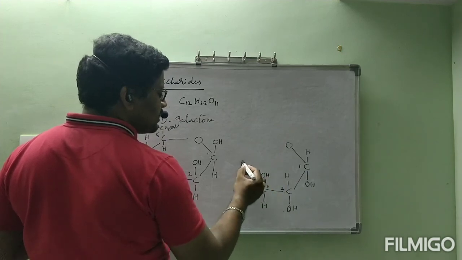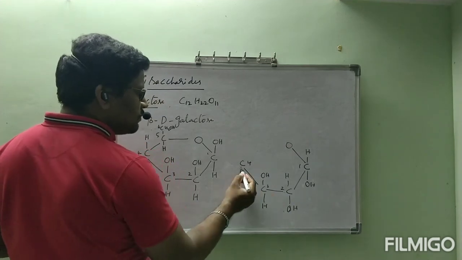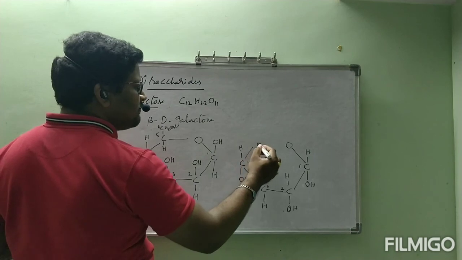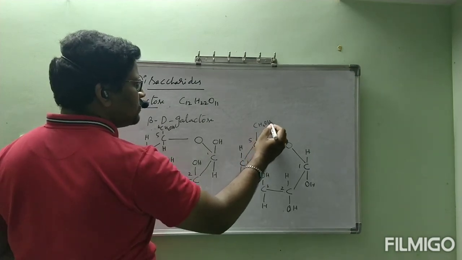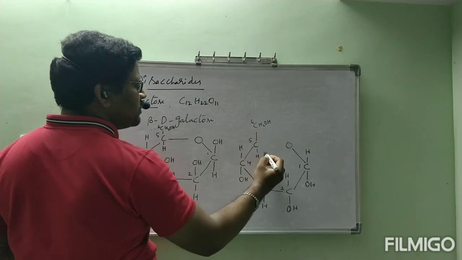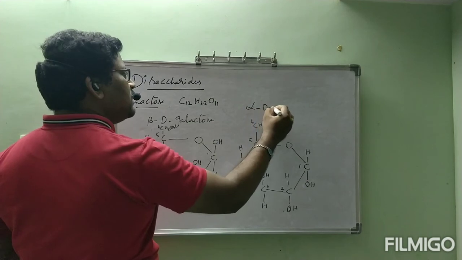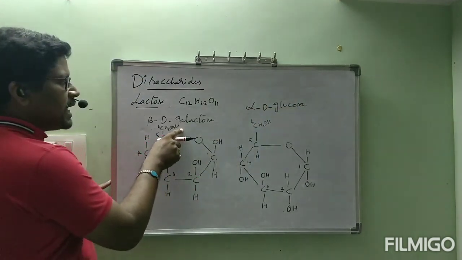Next, fourth carbon, C4. C4 means right side OH, OH is getting down and H is above. And C5, CH2OH is above, sixth carbon, H is below, this is bonded. This is alpha D glucose, and this is beta D galactose.